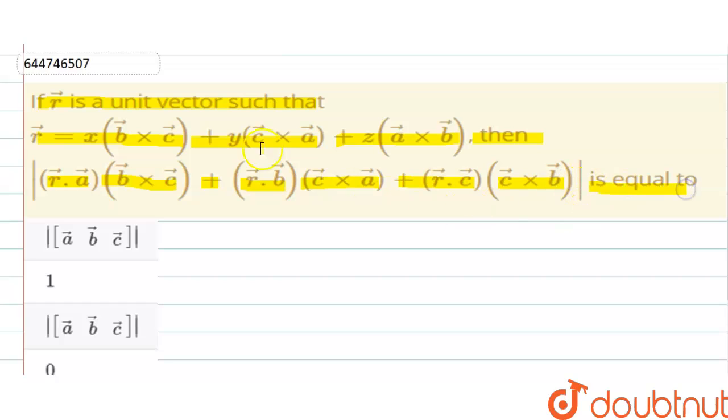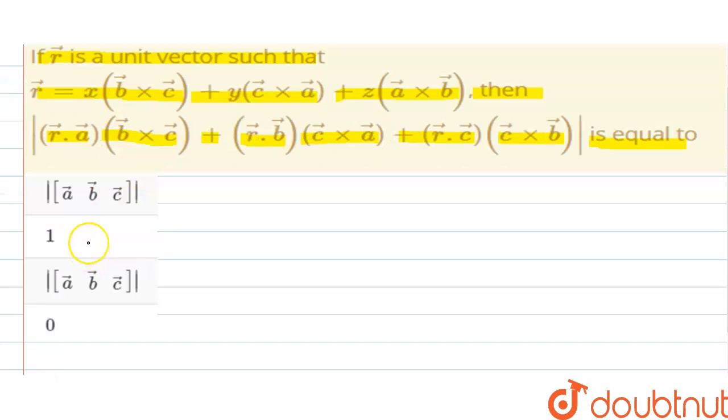So we have to find which option is the correct option. Now what is given in the question, we have to write. So what is given?